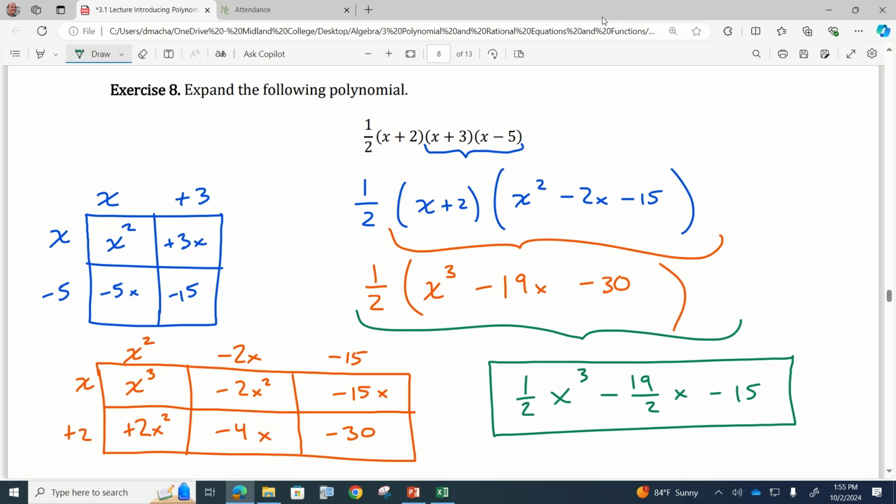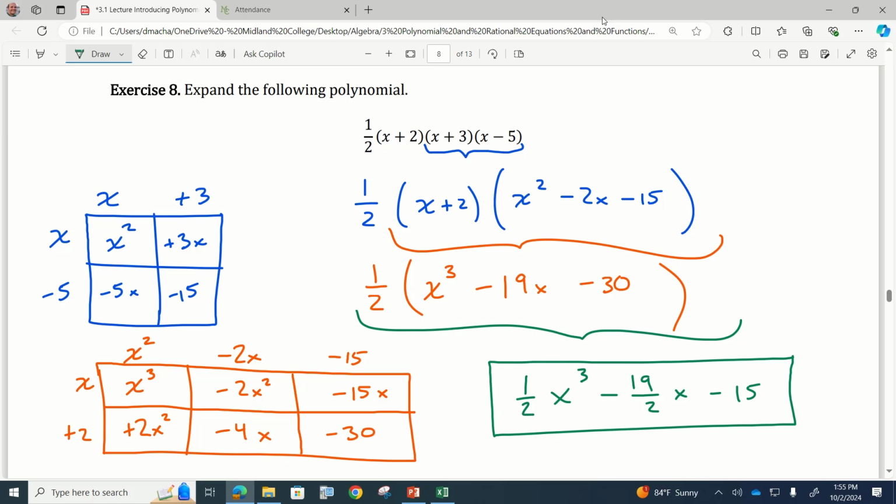So this is a big skill. You just learned how to take a polynomial written in factored form and expand it so that it's written in expanded form. This one was a cubic polynomial, right? It had 3 different factors. We've already done this with the quadratic polynomial, and you can probably imagine how to do it with a quartic polynomial or higher degrees.